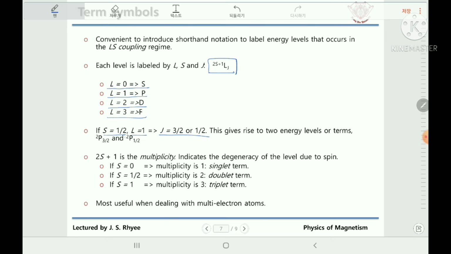In the jj coupling, J equals 3/2, and the other one is 1/2, and the term symbol is like this, because L equals 1, it is a P, and the degeneracy 2S plus 1 is 2. So one is 2P 3/2, and the other one is 2P 1/2. Because there are two energy eigenstates, the degeneracy is 2, like this.